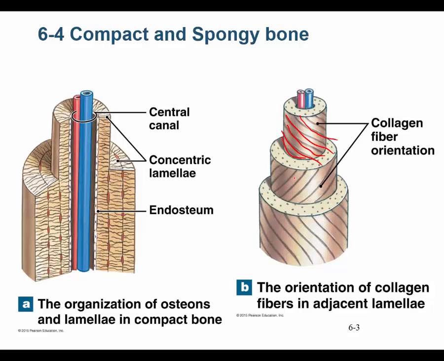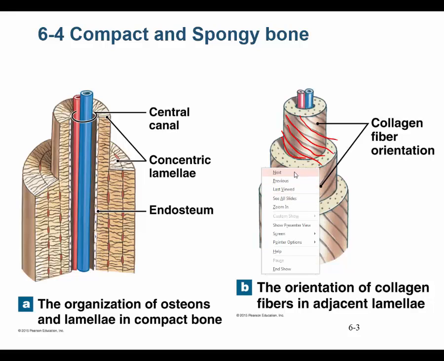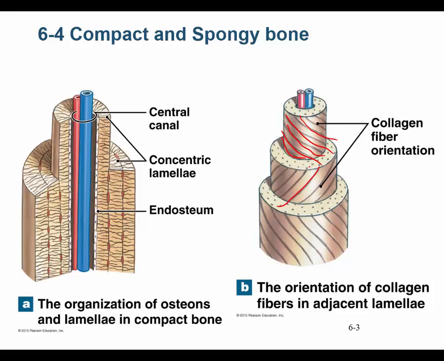And then in the next concentric layer, the collagens will be laid down running from top right to bottom left. Or if you wanted to say from bottom left to top right, it wouldn't matter. Just be consistent of what you say top and bottom. So start with the top. This first concentric lamella is top left to bottom right. The second one is top right to bottom left.